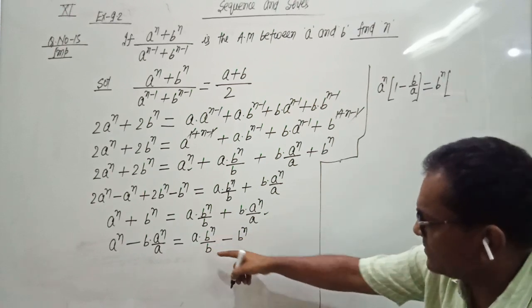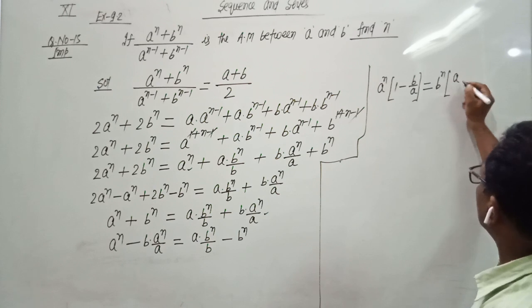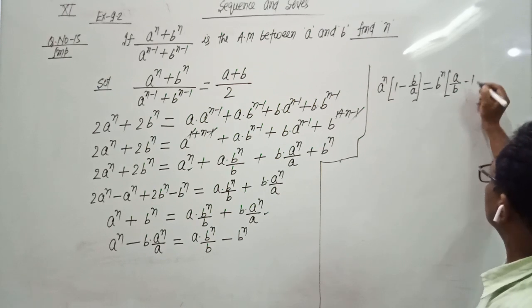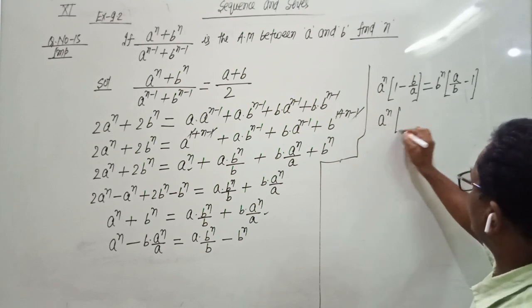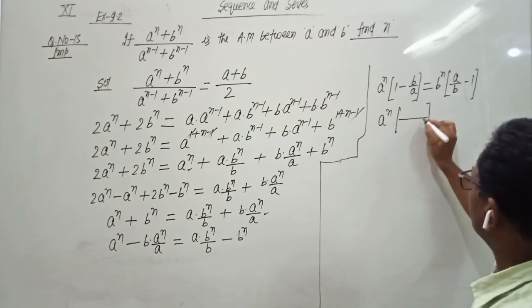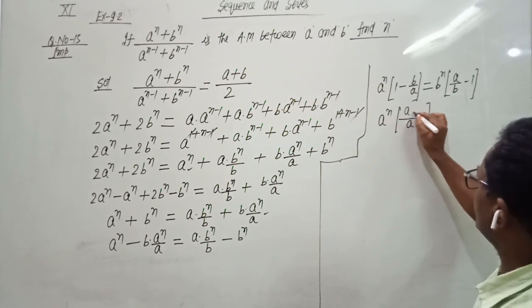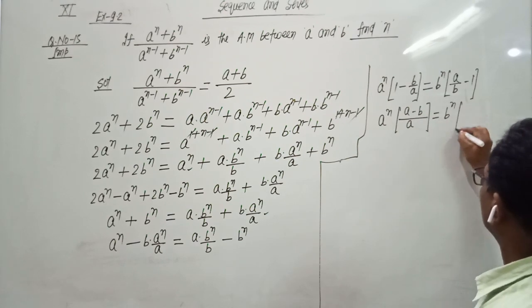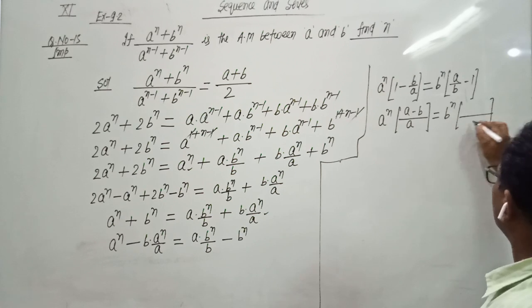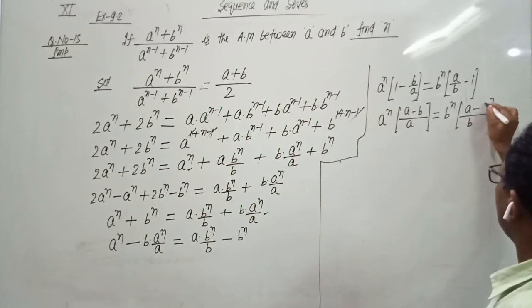So we get a by b minus 1. So a^n, taking LCM a, we get (a minus b) upon a, equals b^n, and by taking LCM b, we get (a minus b) upon b.